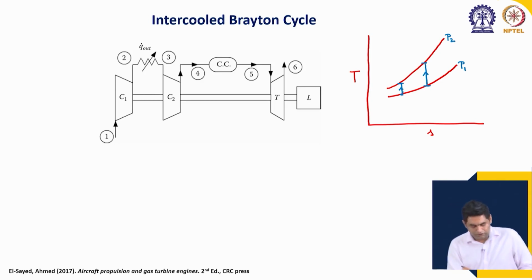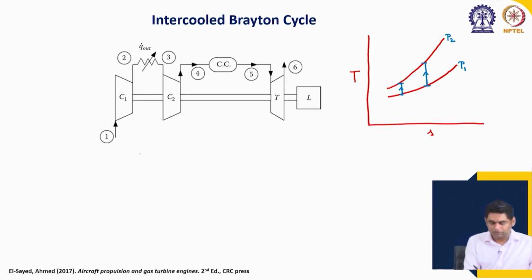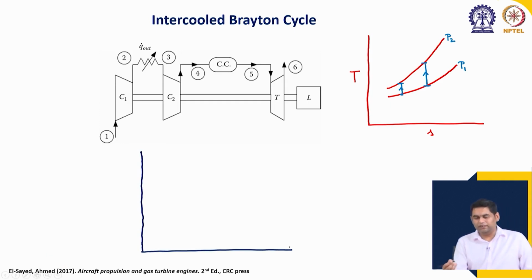So, how does the intercooled cycle look, or what are the processes of an intercooled Brayton cycle? All these cycles are different modifications of the Brayton cycle. So, I am omitting the term Brayton cycle in some cases, but from the context it should be clear that this is the intercooled Brayton cycle.